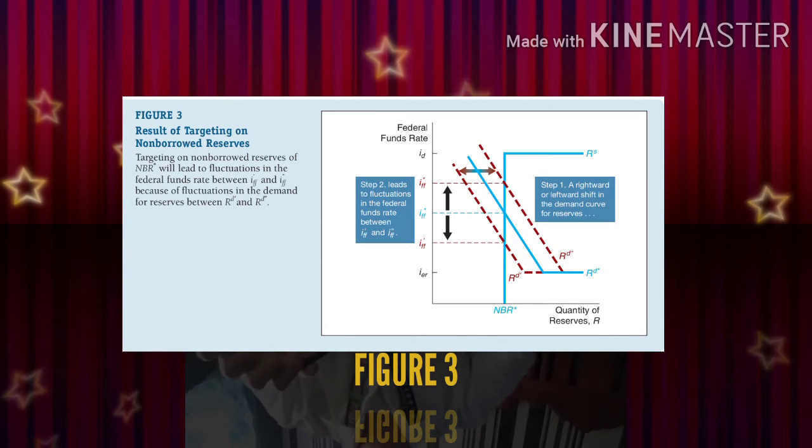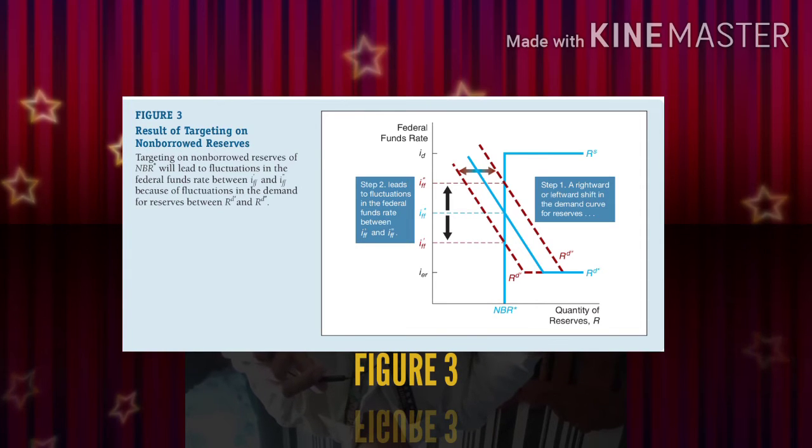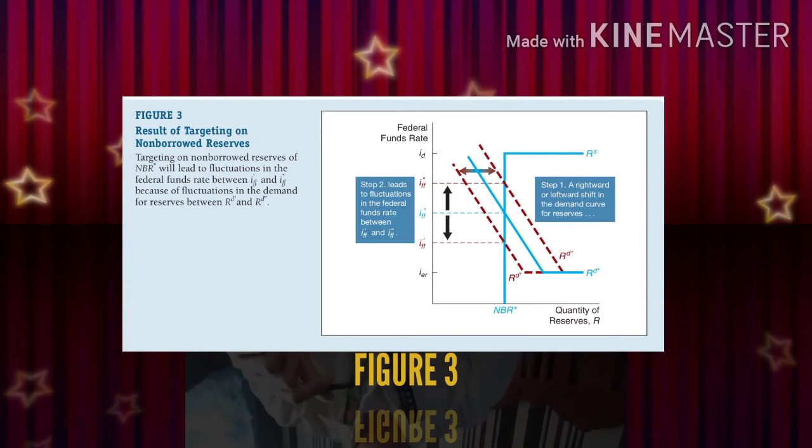So here are the steps. Step 1, a rightward or leftward shift in the demand curve for reserves. Step 2, this leads to fluctuations in the federal funds rate between iff and iff prime. So these are the quantity of reserves and the federal funds rate.